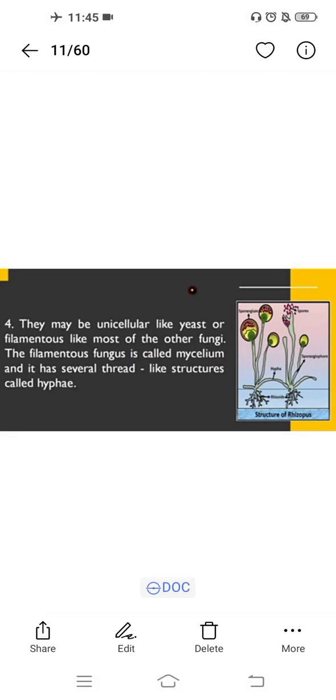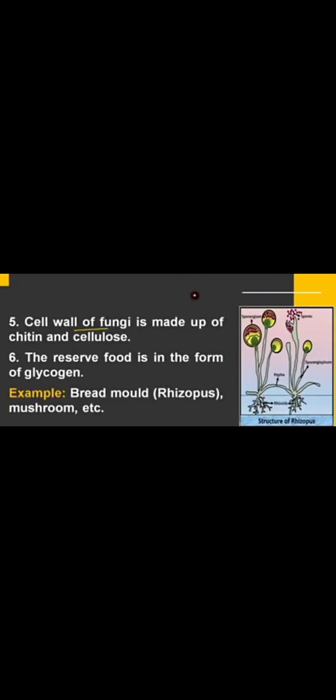They may be unicellular like yeast or filamentous like most other fungi. The filamentous fungus is called mycelium, and it has several thread-like structures called hyphae. The cell wall of fungi is made up of chitin and cellulose.